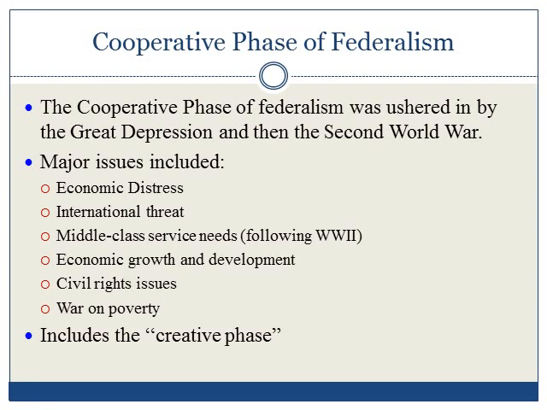Economic distress, international threat, and during this period of federalism, from the 1930s up through the 1970s, you saw the balance of federalism move more and more to the central government, where people were interested in what the national government can do for me.